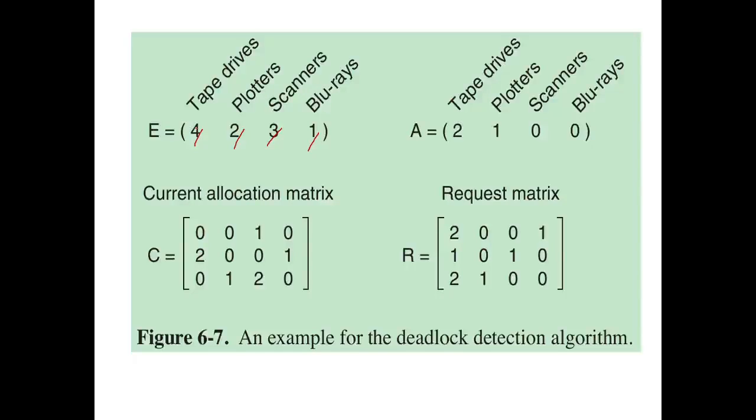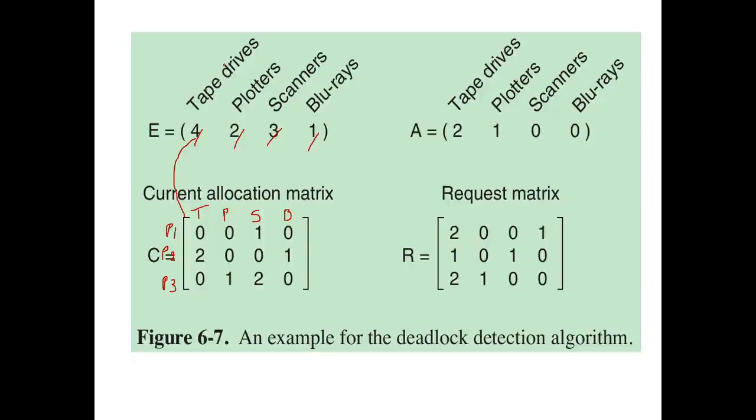Out of these 4 tape drives, some are allocated to the processes. There are 3 processes here: process 1, process 2 and process 3. And there are 4 resource types: tape drives, plotters, scanners and Blu-rays.